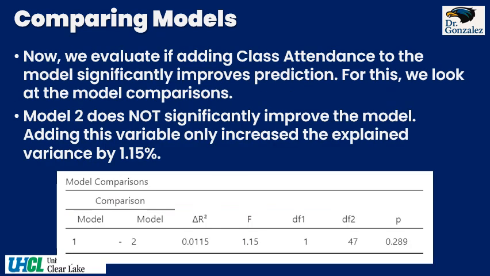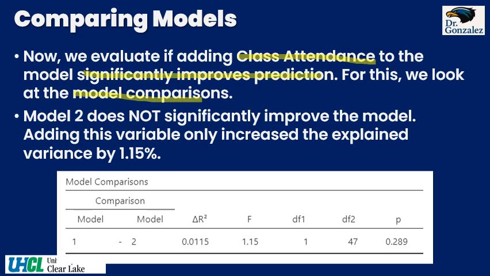So this is where you get to examine that difference when you're running this regression this way. We've added class attendance. We evaluate if adding it significantly improved the prediction.